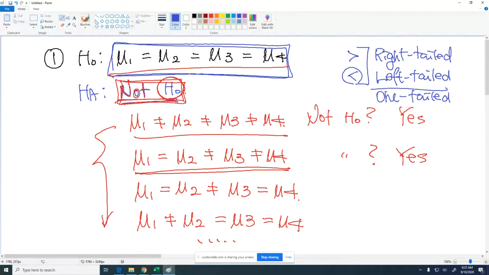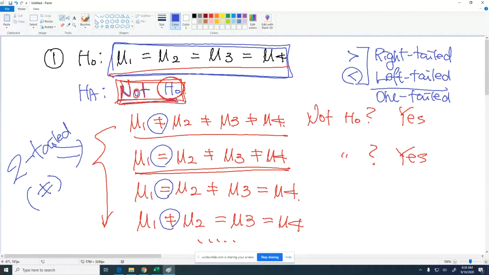Always in ANOVA, we apply the two tailed, which means not equal to. So in the inequalities, it is yes or no in 3 places, so all the combinations are 2 to the 3, which is 8 combinations.